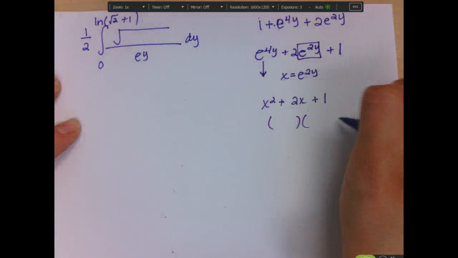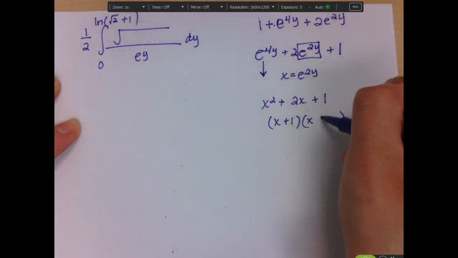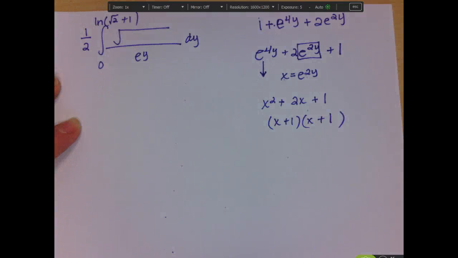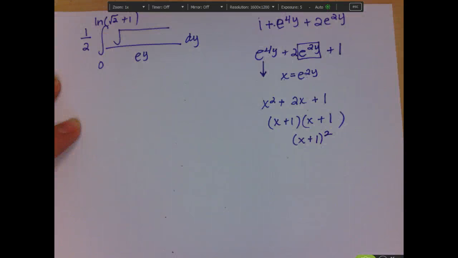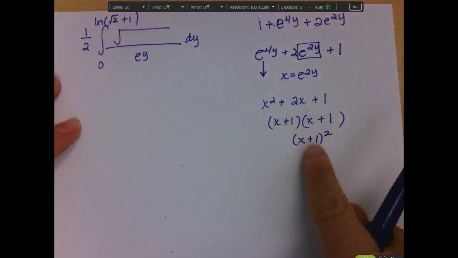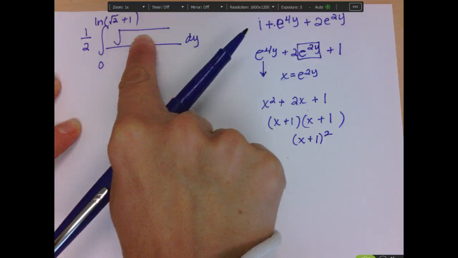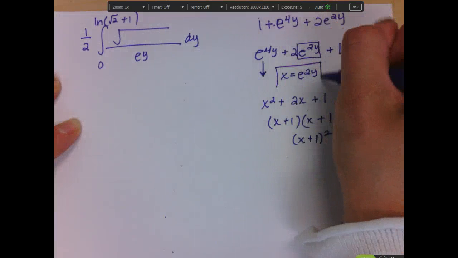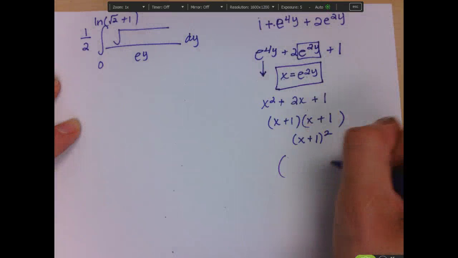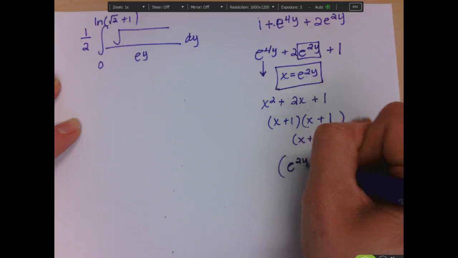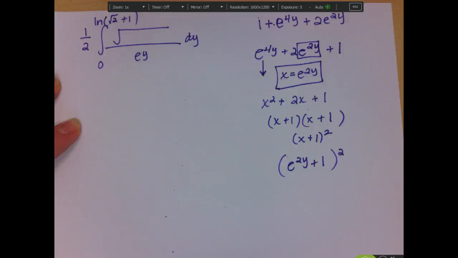So if we think about the factoring of this quadratic, it factors into x plus 1 times x plus 1, or in other words, x plus 1 squared. I can't just go introducing an x and throw that back into this integral, so we need to resubstitute. Remember that x was the same as e to the 2y. So really the factored form is e to the 2y plus 1 quantity squared.